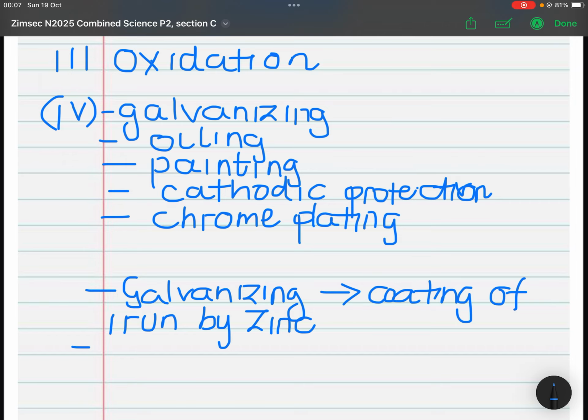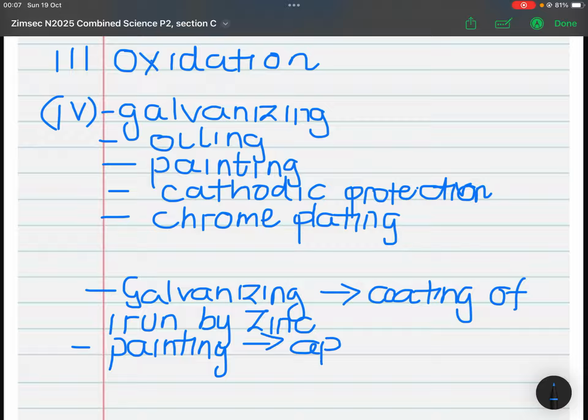And then when we are talking about painting, in painting, we are applying a layer of paint or coating which is going to protect the metal from moisture and oxygen.